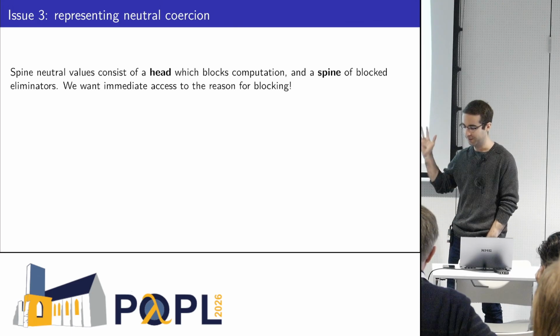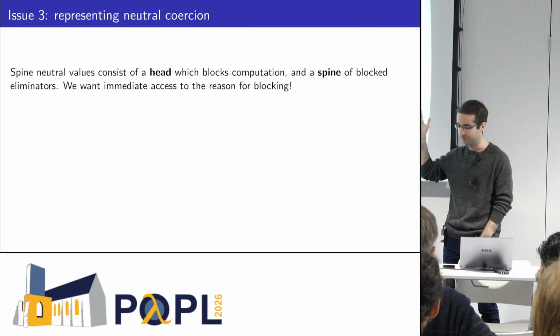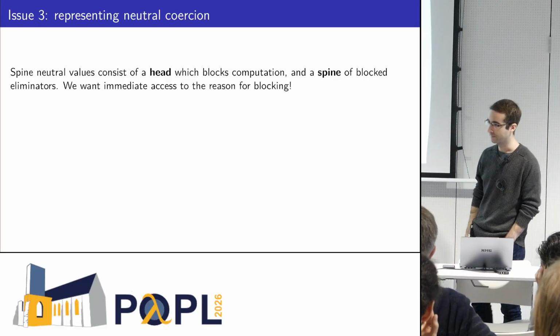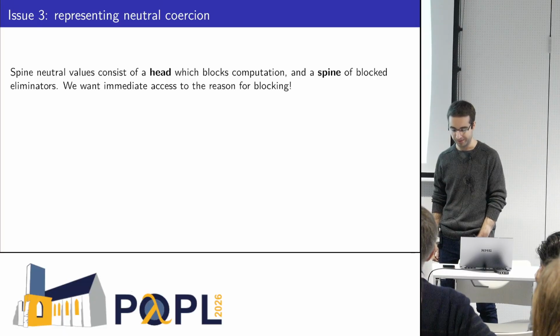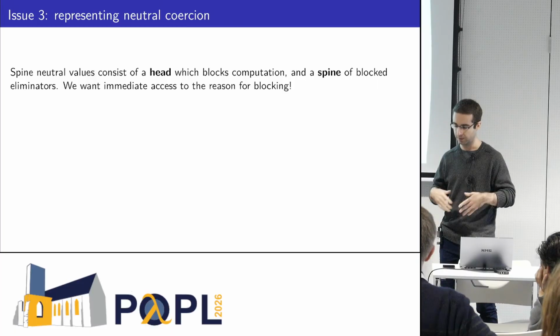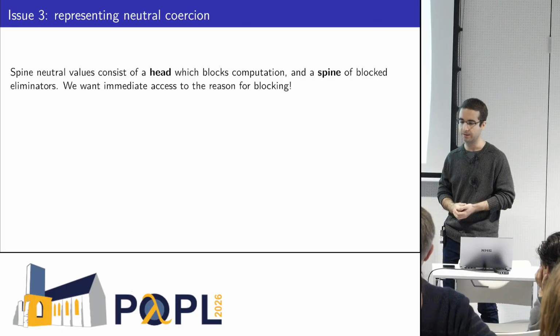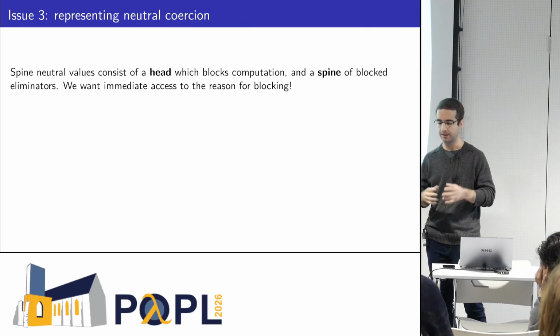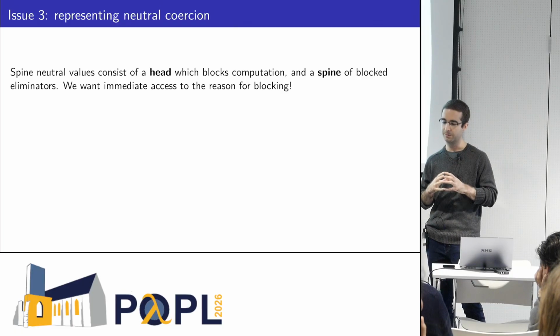On the previous slide I wrote, but I actually didn't mention in speech, that we are using normalization by evaluation for computation purposes. So the whole unification algorithm works on semantic values in the sense of normalization by evaluation. And one very nice thing is that we can structure the values so that implementing this algorithm becomes efficient and also convenient.